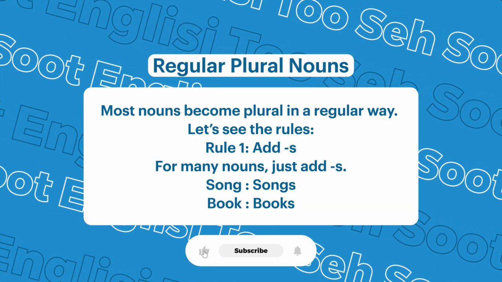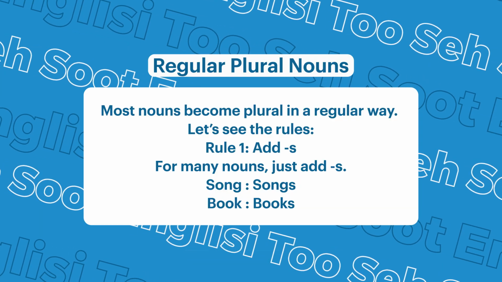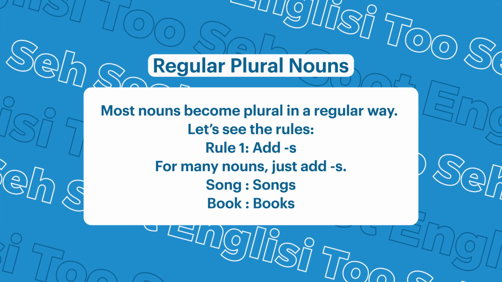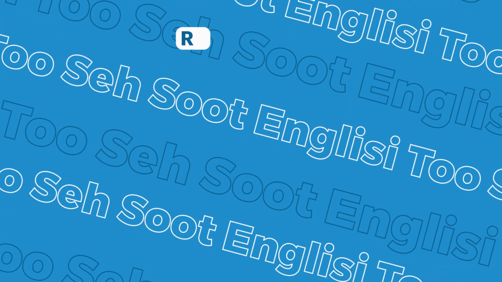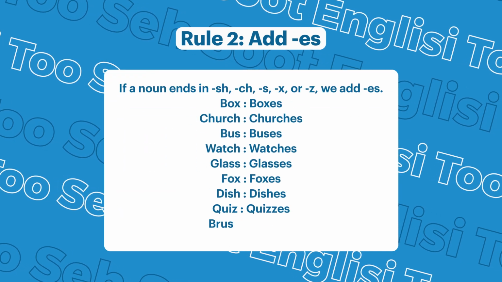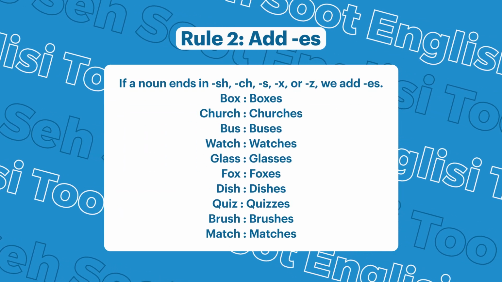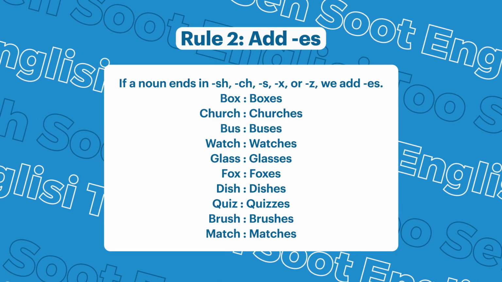Adding s. For most nouns, you simply add an s to the end of the singular noun and it becomes plural. For example, song becomes songs, book becomes books. Rule number 2. Adding es. If a noun ends in sh, ch, s, x, or z, we can add es to make it plural.